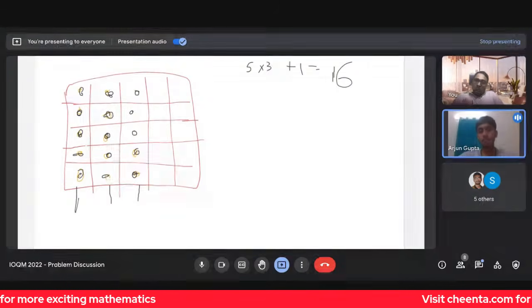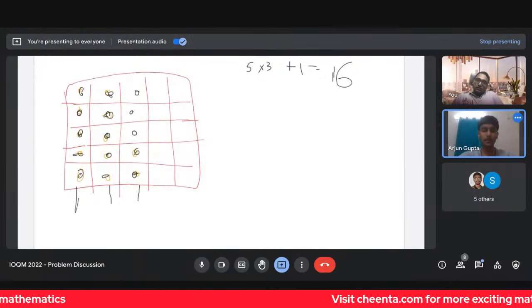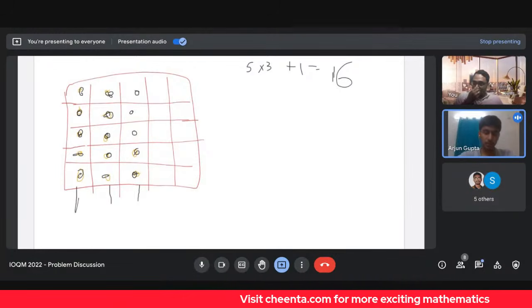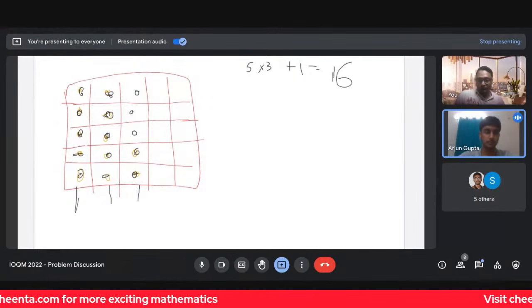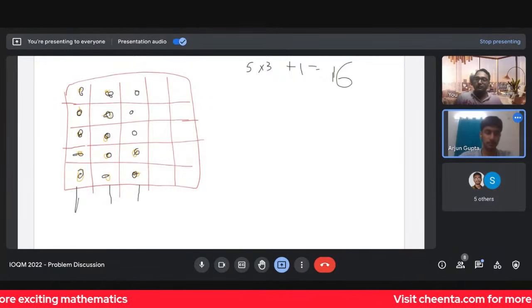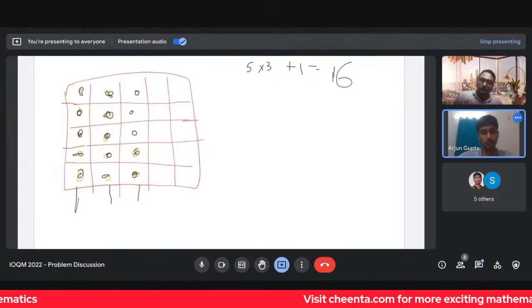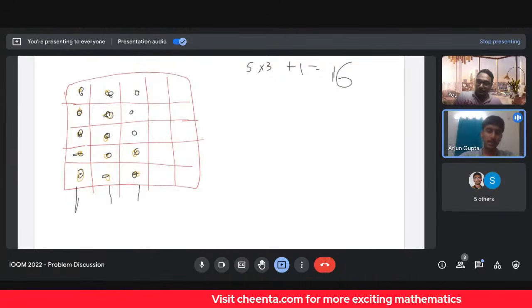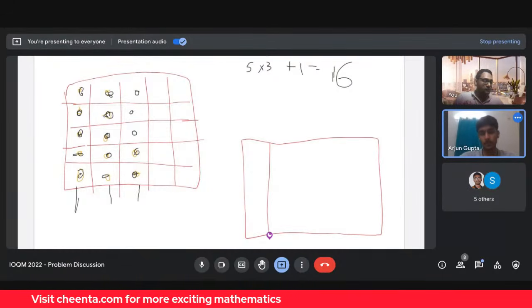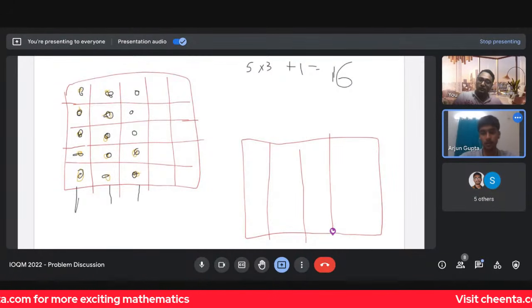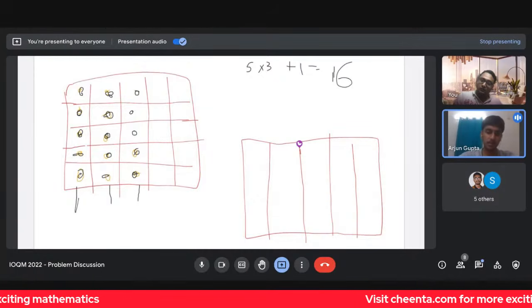Now the next thing we have to show is that if we are given 16 rooks, then we can always find 4 such rooks. So we assume the contrary, that we cannot find 4 such rooks. Suppose we can find 3 such rooks.